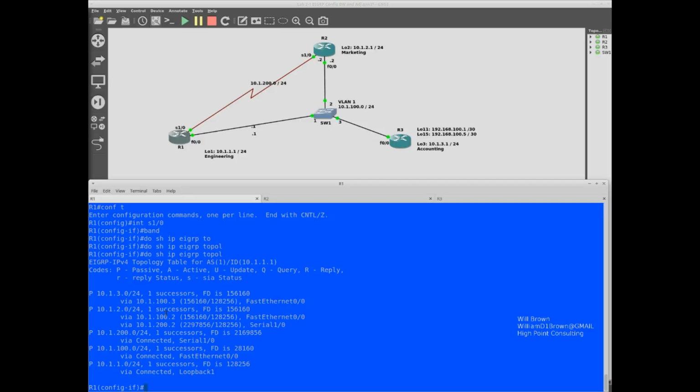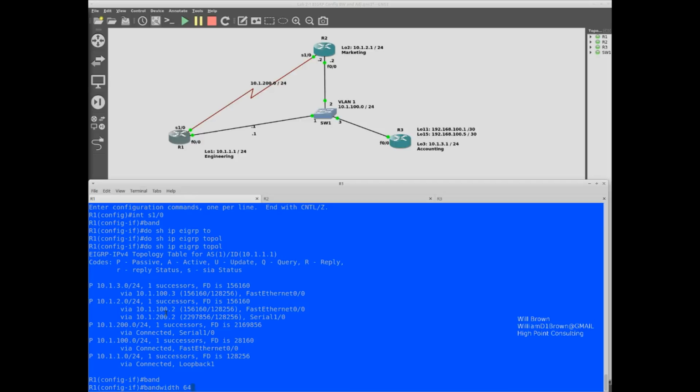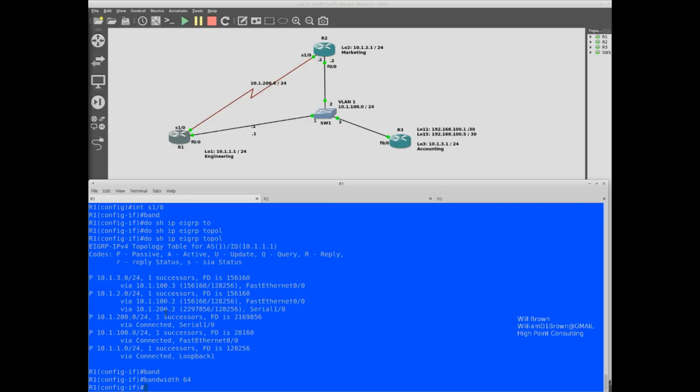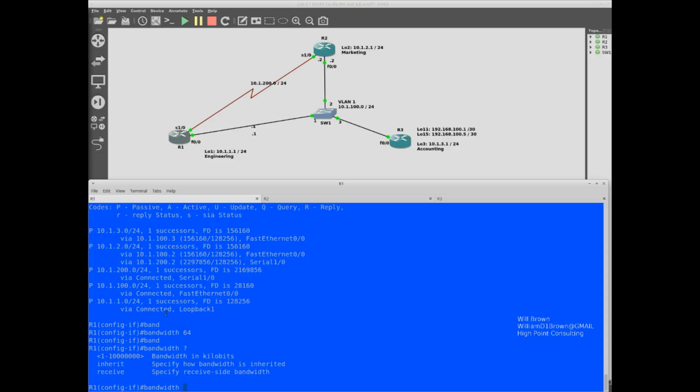So we're in interface serial 1/0, and we're going to say bandwidth 64K. It says enter bandwidth in kilobits. Okay, so I entered 64.